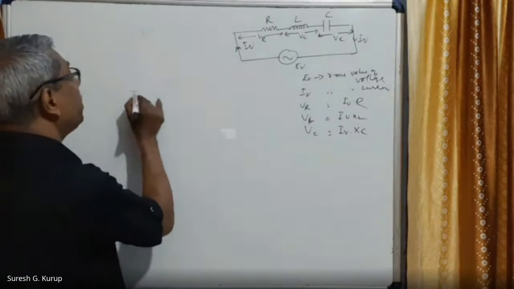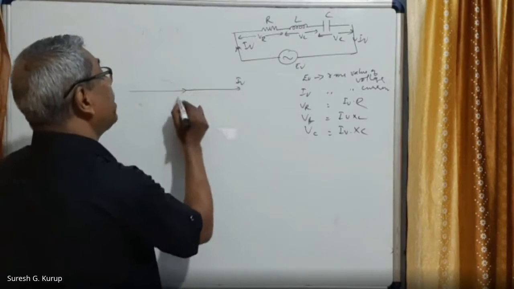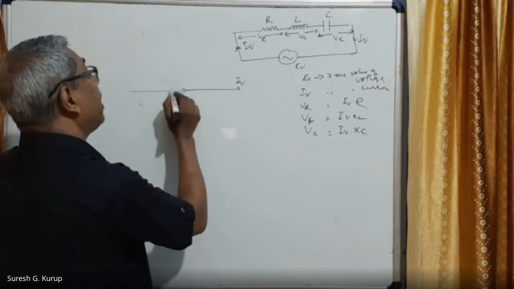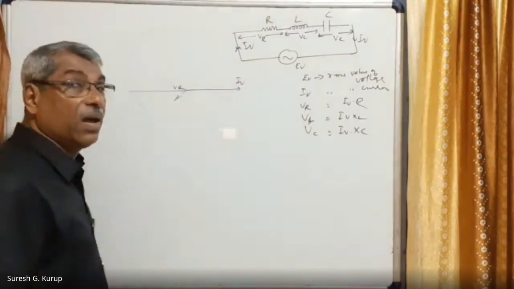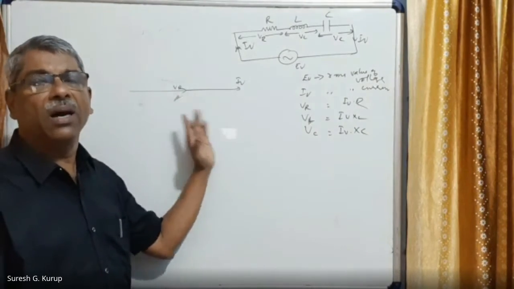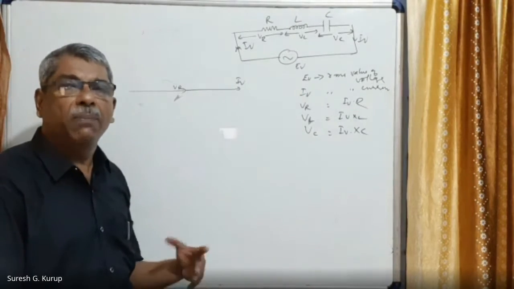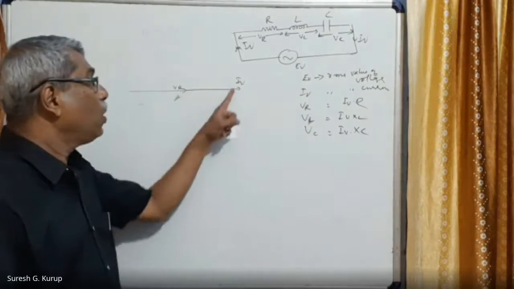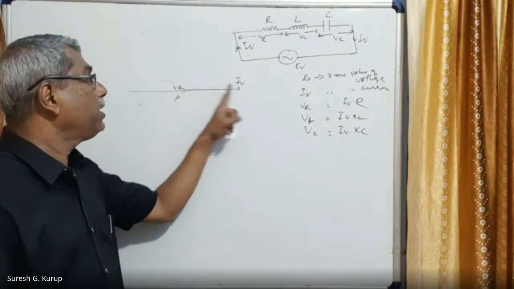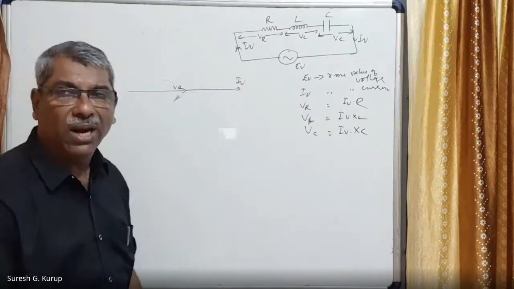This is the voltage phasor V_R and this is the current phasor I_v. The voltage across the resistance and the current are in the same phase. That is why the phasor diagram is drawn like this.